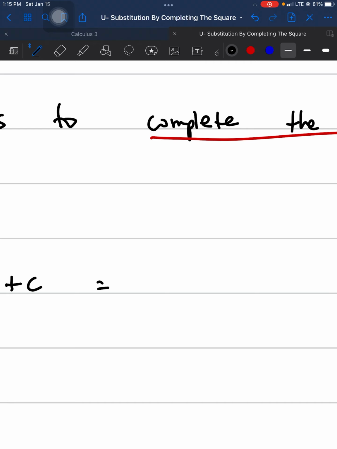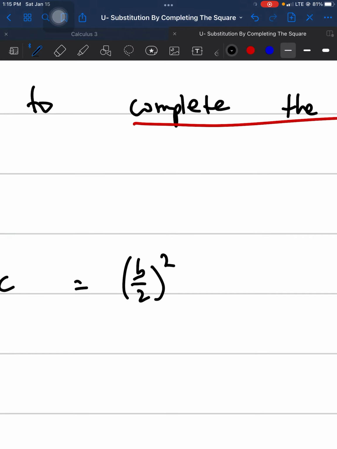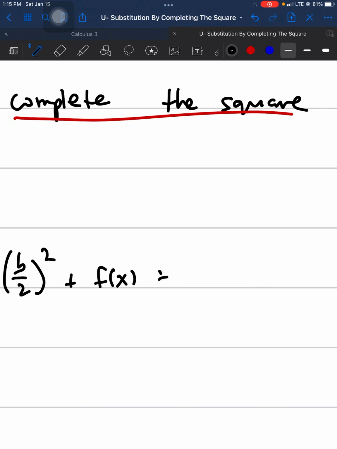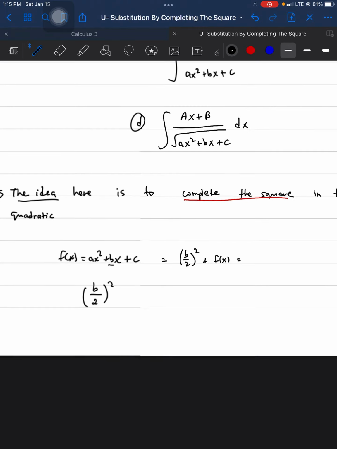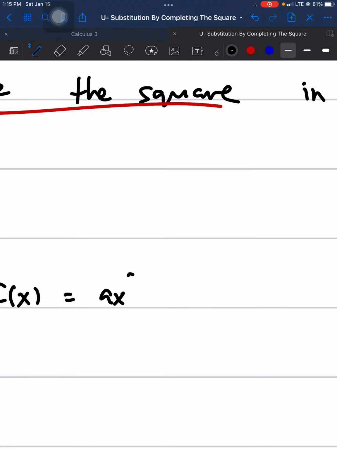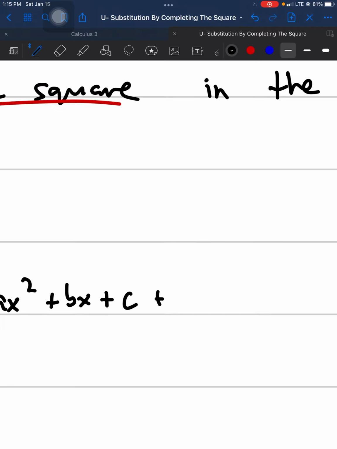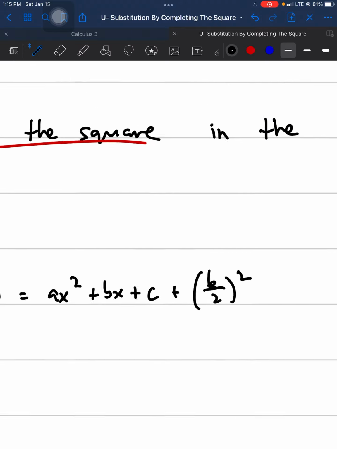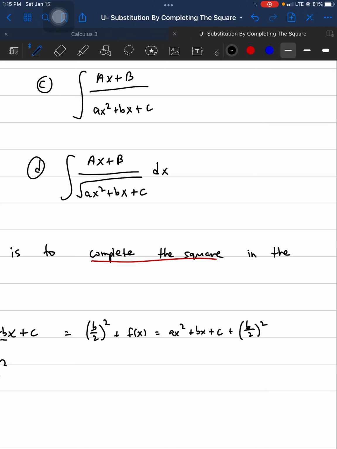So you would add b over 2 squared plus f of x, whatever f of x was, and then ax squared plus bx plus c plus whatever we get for completing the square.